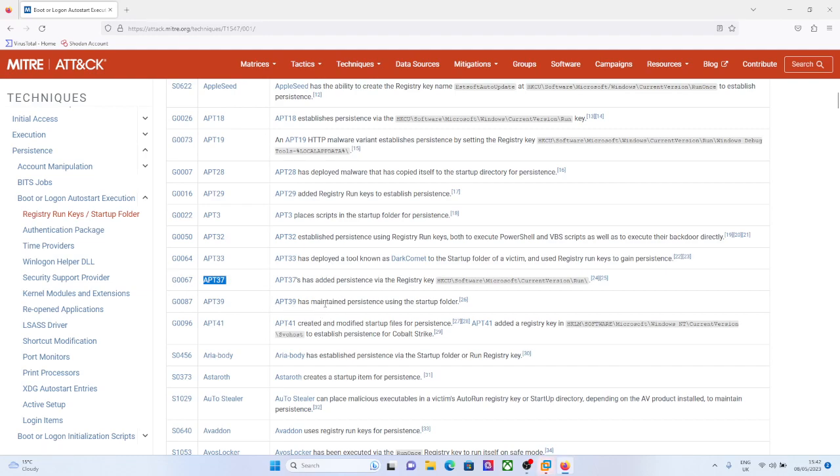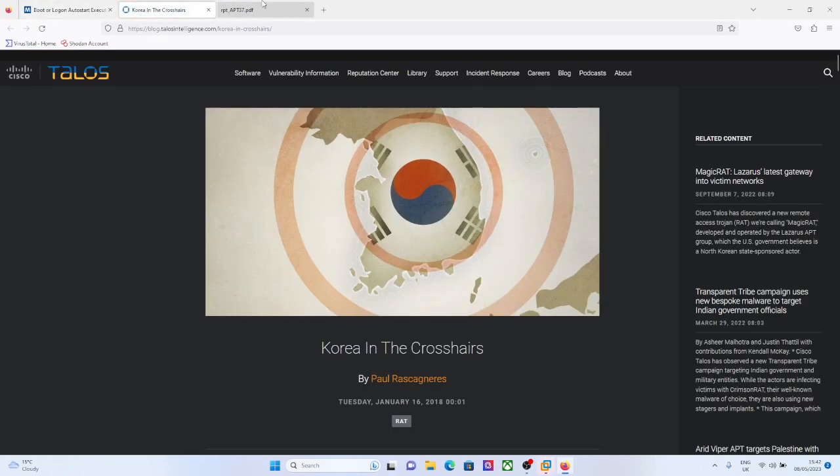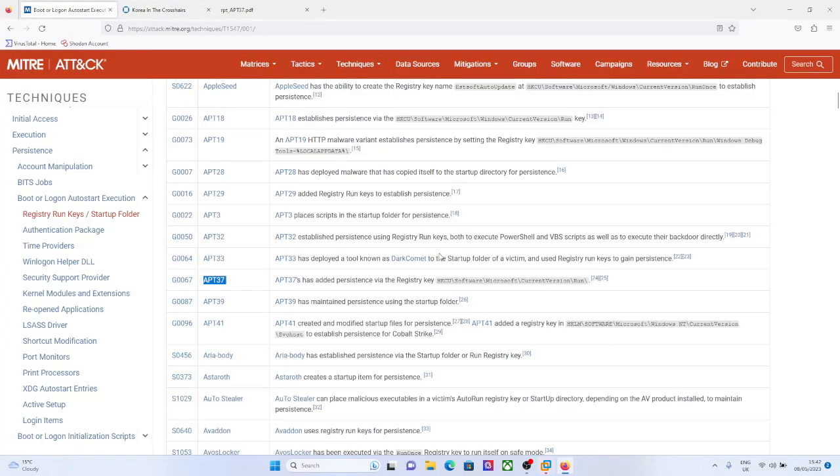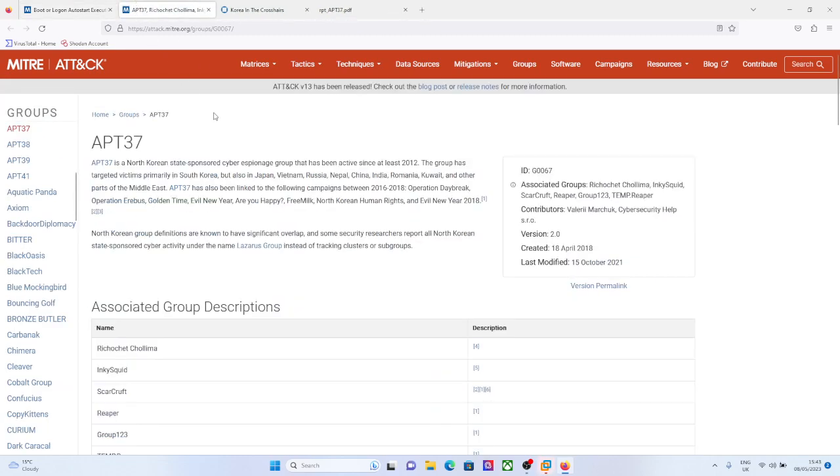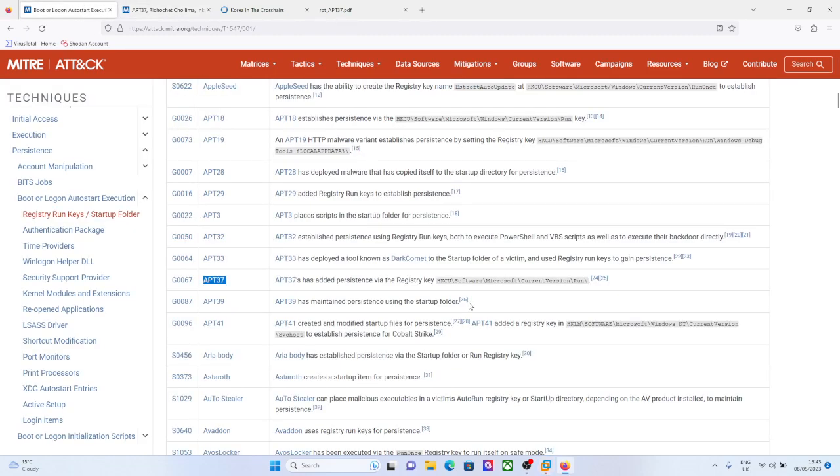APT37 has added persistence via the registry key, and based on the open source intelligence reports, we can look at the data sources that MITRE used while creating this reporting. So based on the open source reporting, a North Korean APT group used this sub-technique, which is creating persistence using registry keys, in one of their operations. The ultimate goal was persisting on the systems.